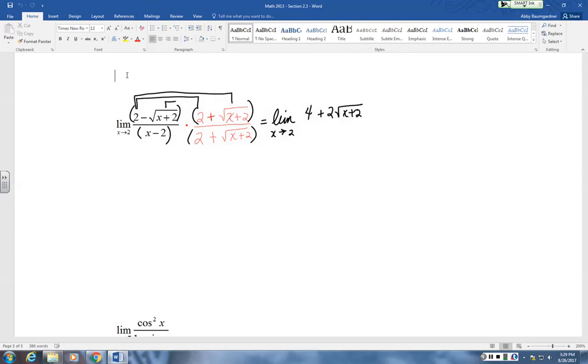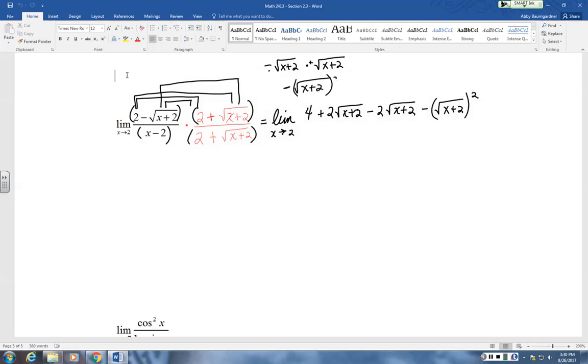And let's see, we would have a negative 2 square root of x plus 2. And let's see, a negative times a positive gives me a negative. A square root of x plus 2 times the square root of x plus 2 gives me square root of x plus 2 squared. So again, what I had here was a negative square root of x plus 2, and I multiplied it by a positive square root of x plus 2. A negative times a positive gives me a negative. Square root times a square root gives me square root squared.